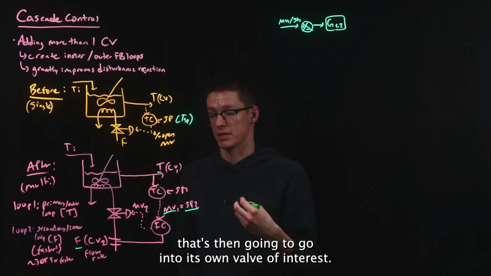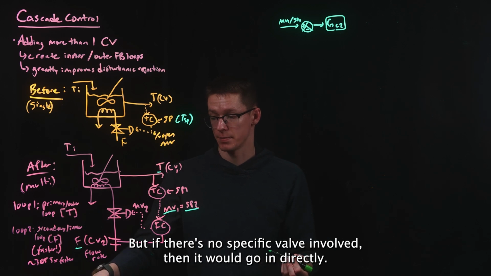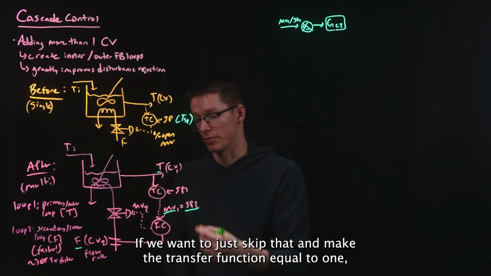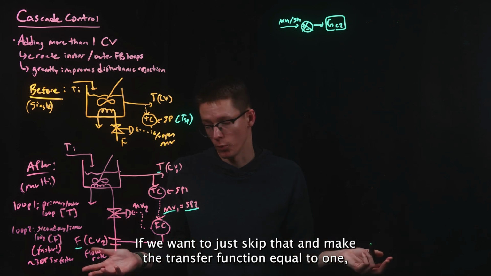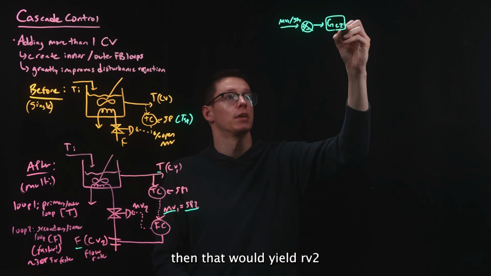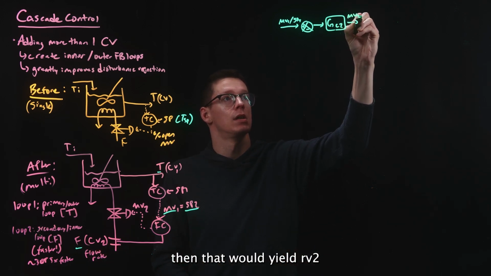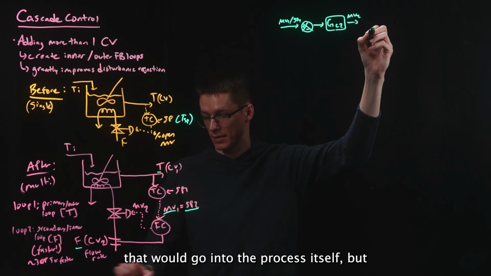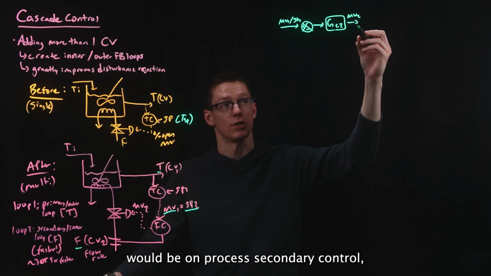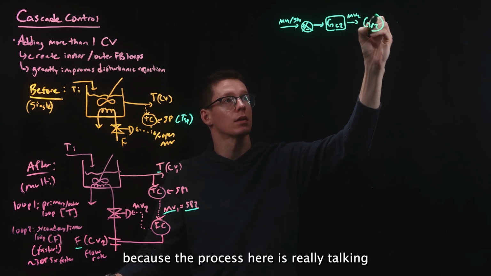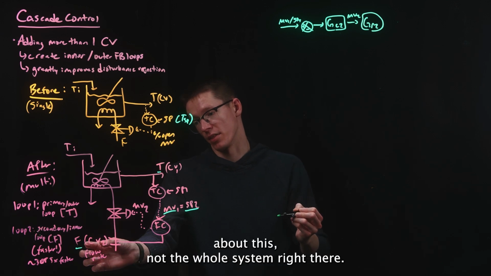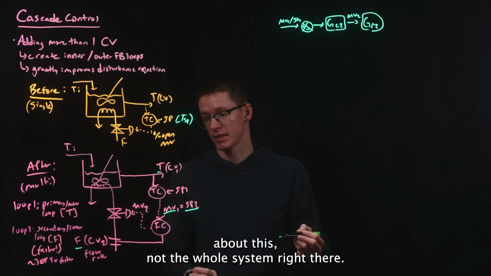That's then going to go into its own valve of interest. But if there's no specific valve involved, then it would go in directly. If we wanted to just skip that and make the transfer function equal to 1, then that would yield our MV2. That would go into the process itself, but would be on process secondary control, because the process here is really talking about this, not the whole system right there.